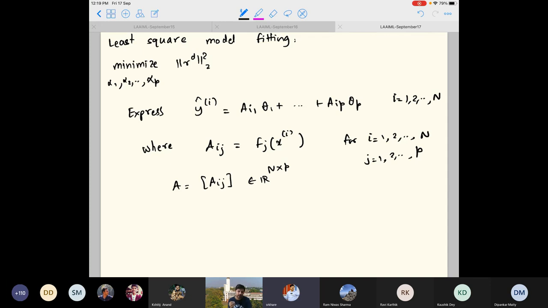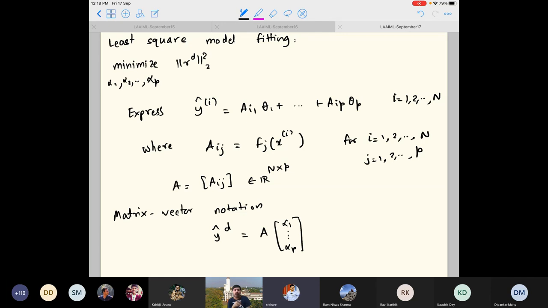And if you understand this matrix A, then in the matrix vector notation, what do I have? I have this y hat d, that means the predictions, the vector of all these y1 hat, y2 hat, y3 hat, is equal to this matrix A, which is the matrix aij, basically the evaluation of basis functions at the data points, times this vector alpha 1 up to alpha p, the parameter vector.